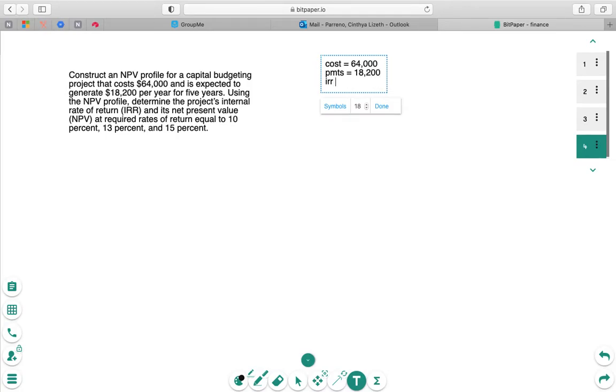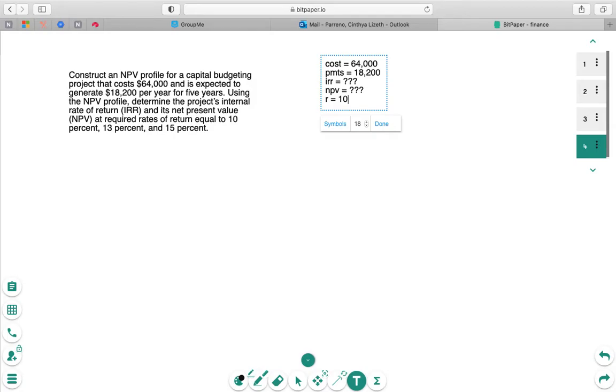We don't know what our IRR is, and we don't know our net present value, and those are the ones we're looking for. They're giving us R or I, which is at 10%.